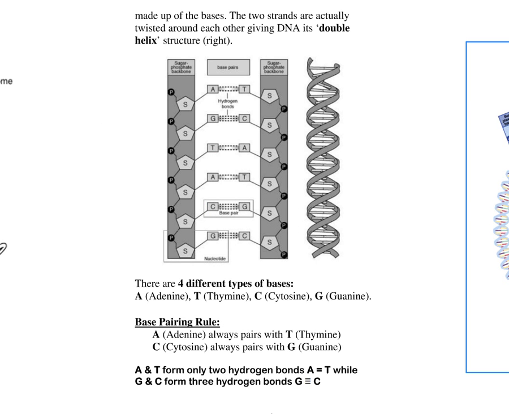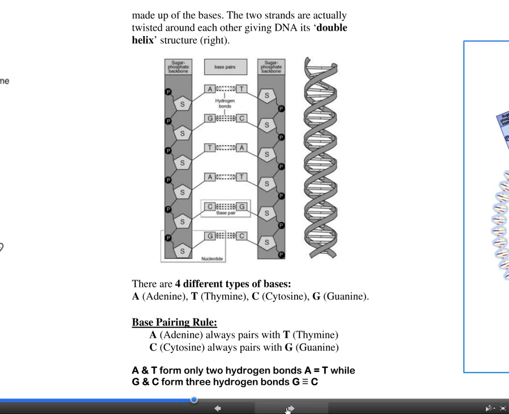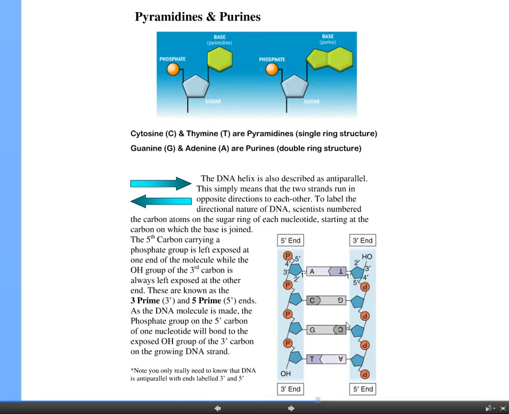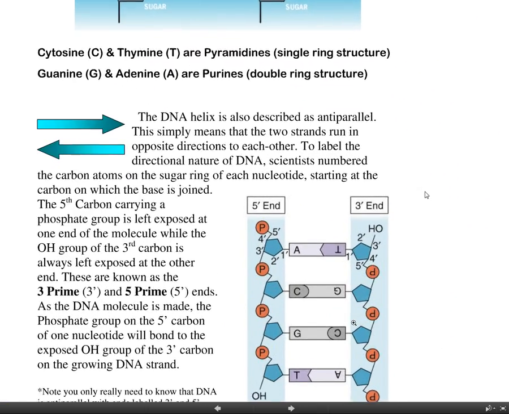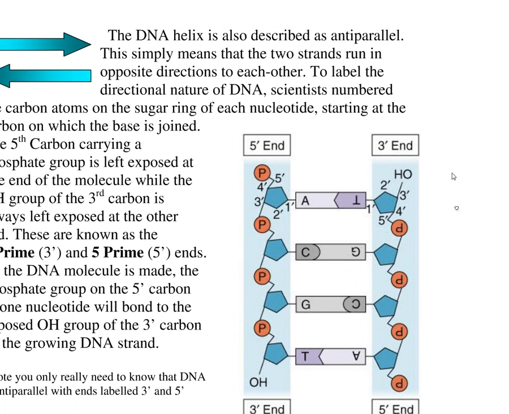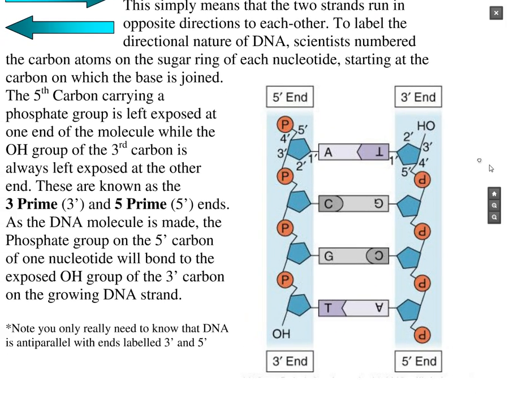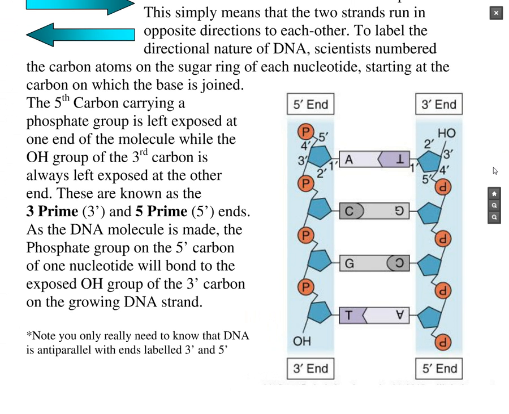Okay, so let's get back to where we were. This is also important, because when we talk about DNA, we often talk about DNA having direction, or a way of labeling the direction. So you'll notice here we've said on this side of the DNA, this is the 5' end.